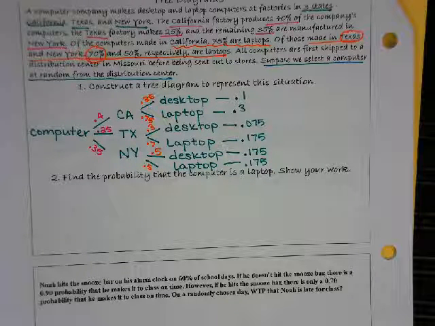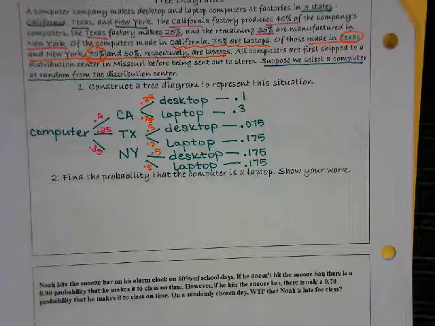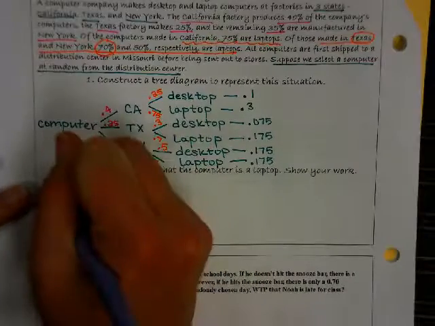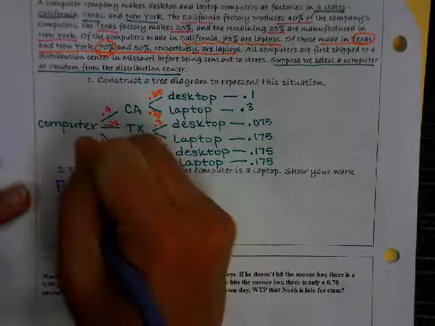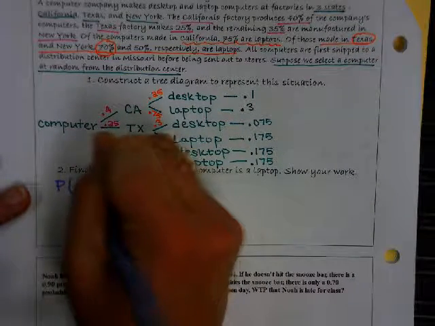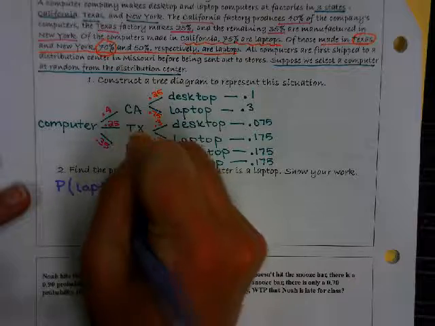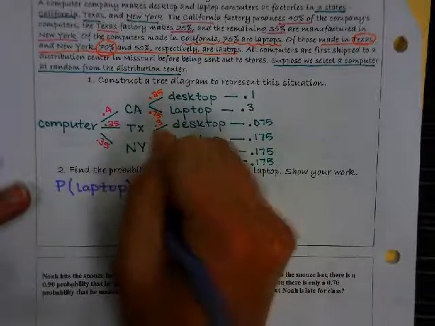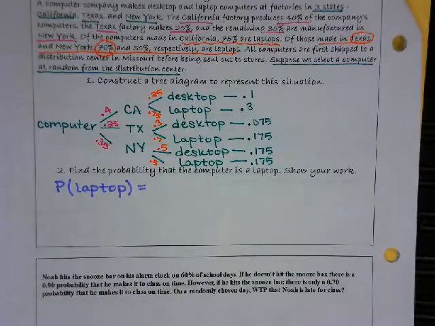All right. So then the other part of that question is to find the probability that the computer is a laptop. It doesn't say anything about which state it comes from, just that it's a laptop.